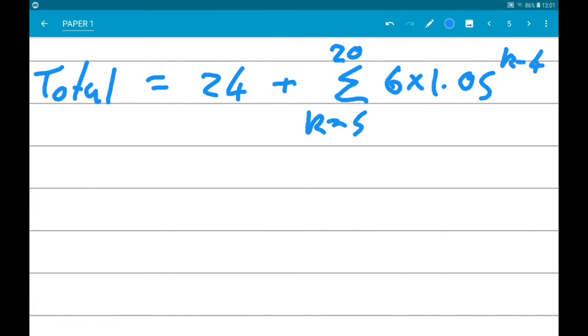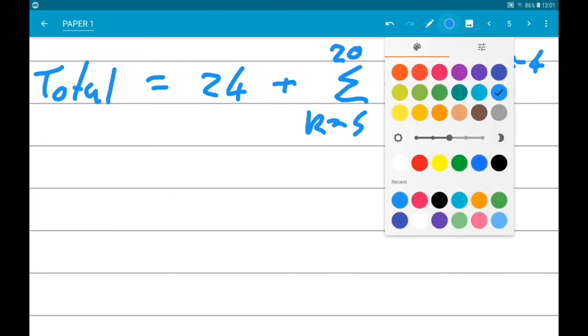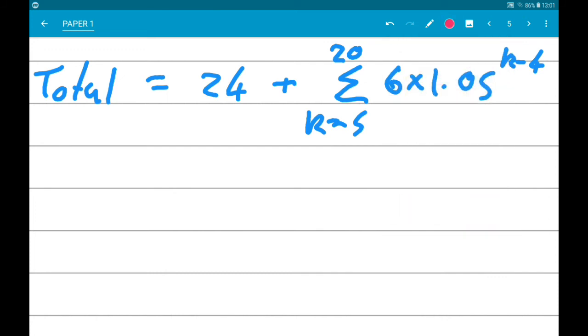Alright, so let's just focus on the geometric sum. So we know the first term was the 5th lap.